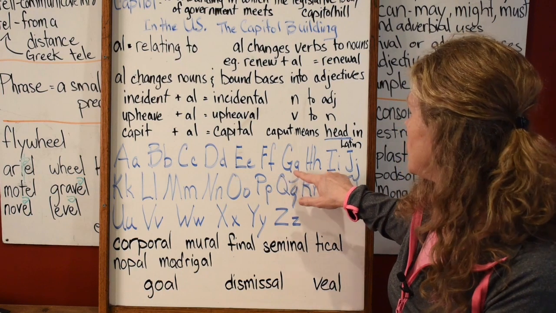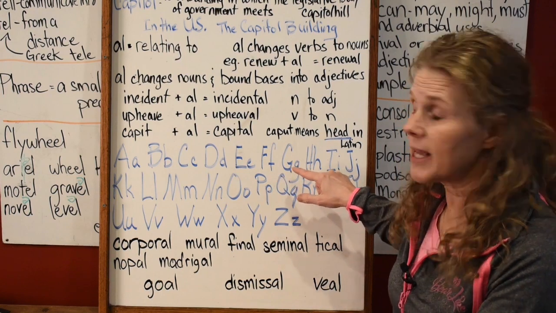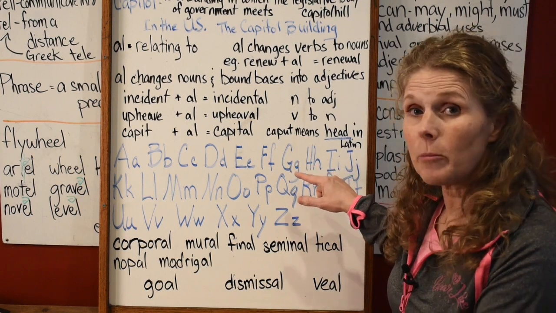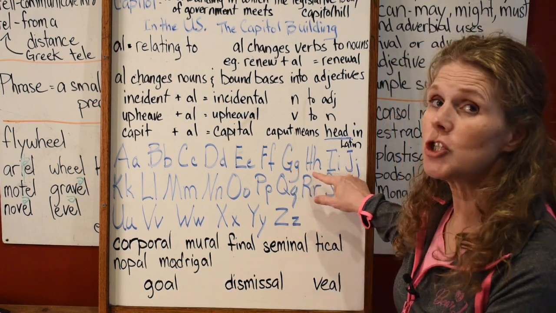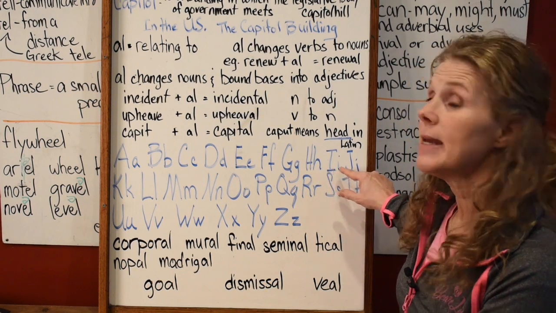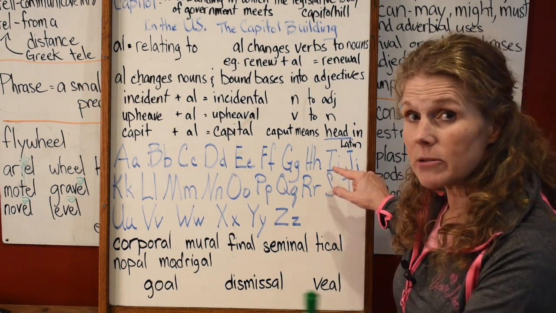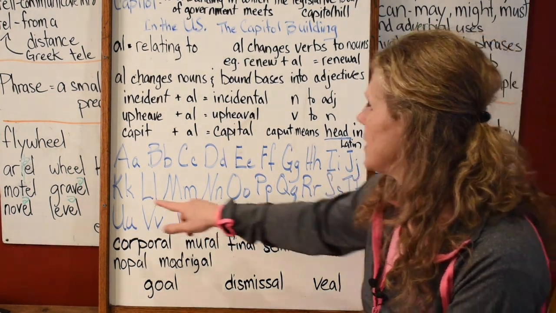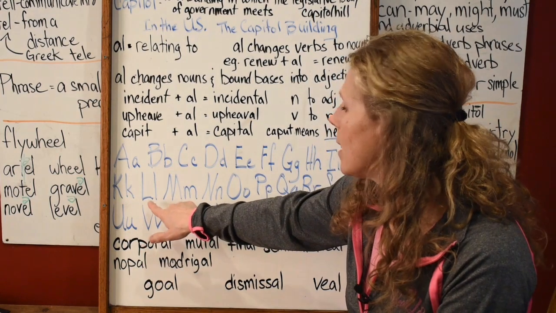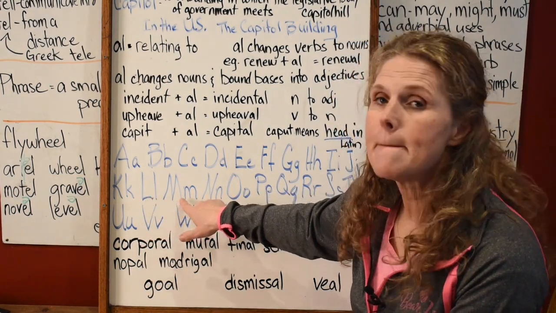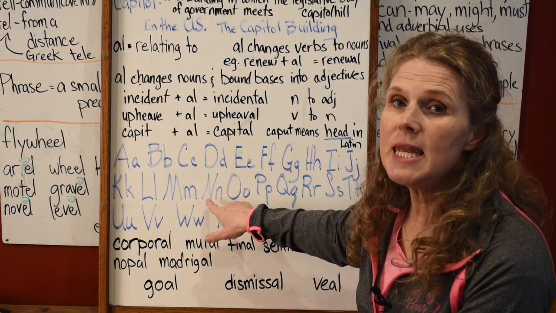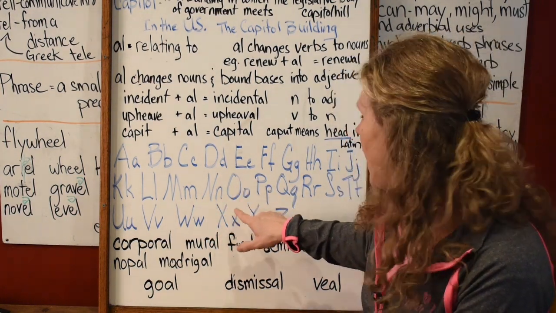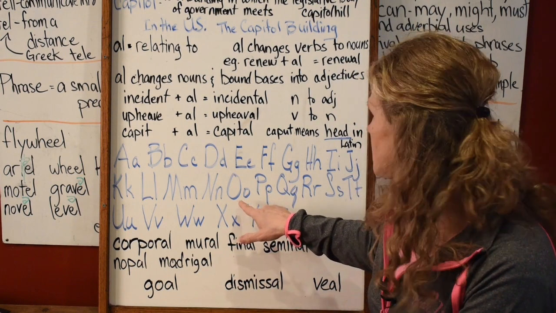F, F, G, G, or it could say its soft sound, J, if it's followed by an E, I, or a Y. H, I, I, so its long sound is I and its short sound is I. J, J, K, K, L, M, N, O says its long sound for O, and A for the short sound.